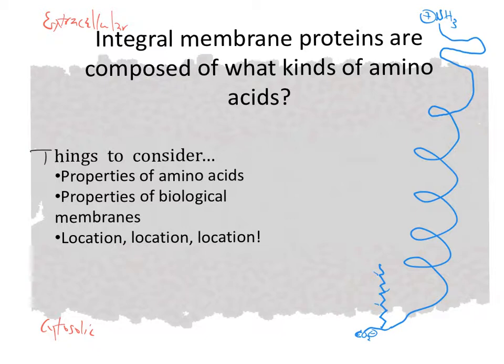So typically you're going to have polar ones. What else could you have out there? What's another one that could possibly be interacting with the extracellular space? Charged ones. You could say those that are acidic or basic, negative or positive. It doesn't really matter so much.